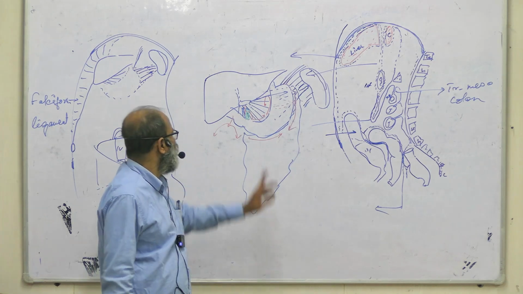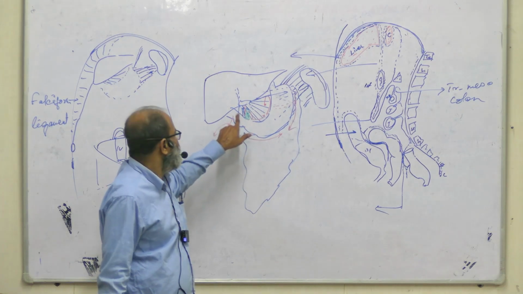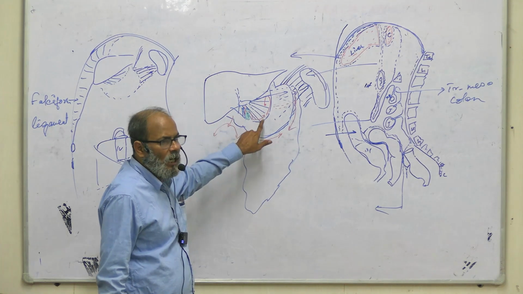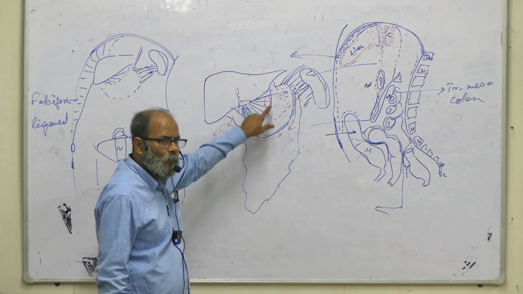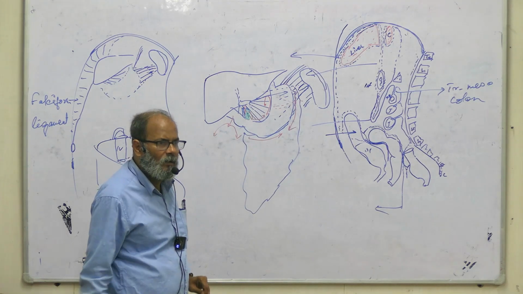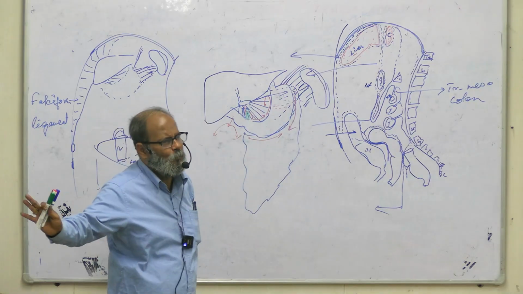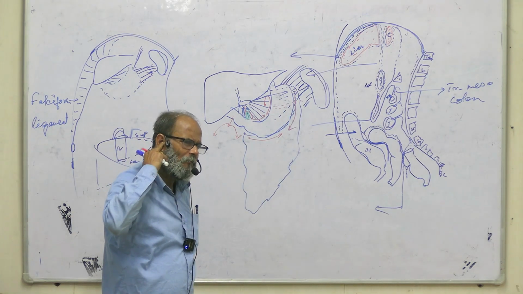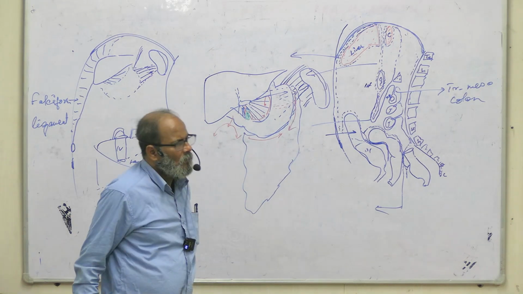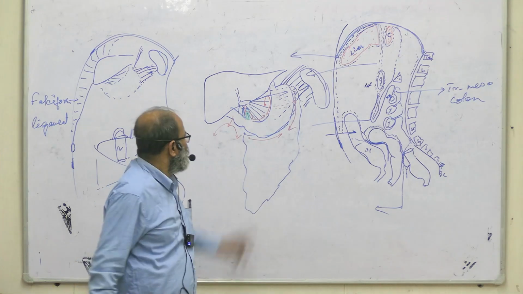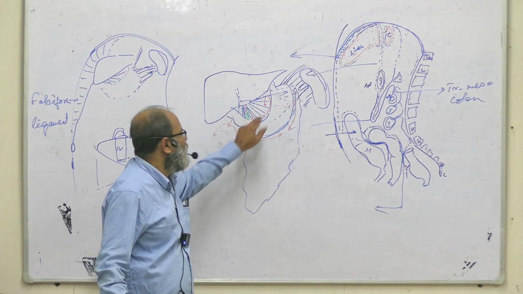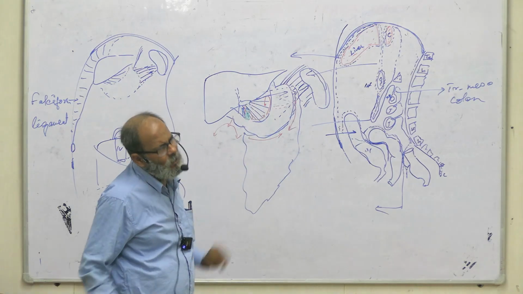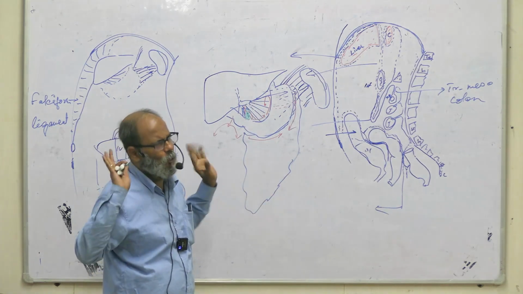And there will also be the branches: the right gastric artery from the hepatic artery, and the left gastric artery from the celiac trunk. You will read, don't worry. Just listen to it and you will be able to memorize this. The left gastric artery and the right gastric artery anastomose within this lesser omentum. There is some fat, lymph node, lymphatics, all that.